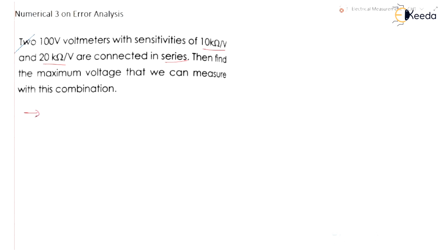Okay, so here we are having the 2 voltmeters. Let us consider the voltmeter A, and the second one is voltmeter B. Both the voltmeters are having the voltage range of 100 volt only, 0 to 100 volt.